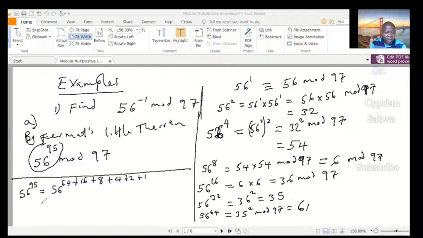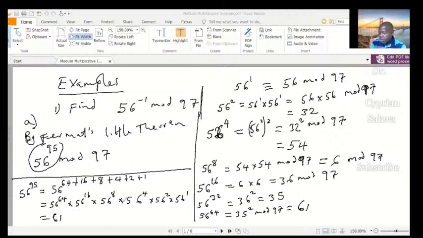And so what this means is I have 56 raised to 64 times 56 raised to 16 times 56 raised to 8 times 56 raised to 4 times 56 raised to 2 times 56 raised to 1. And I know what 56 raised to 64 is. I know that is 61.